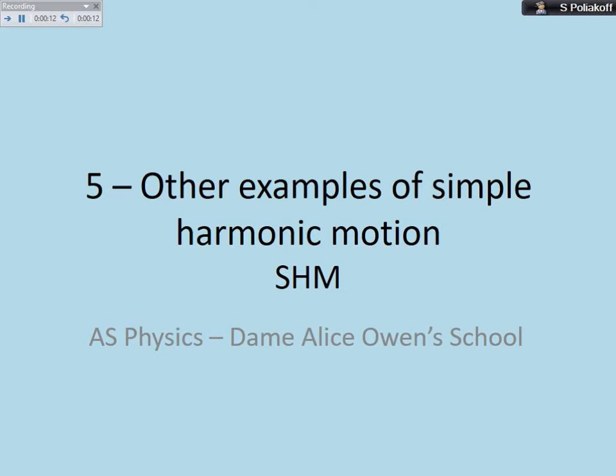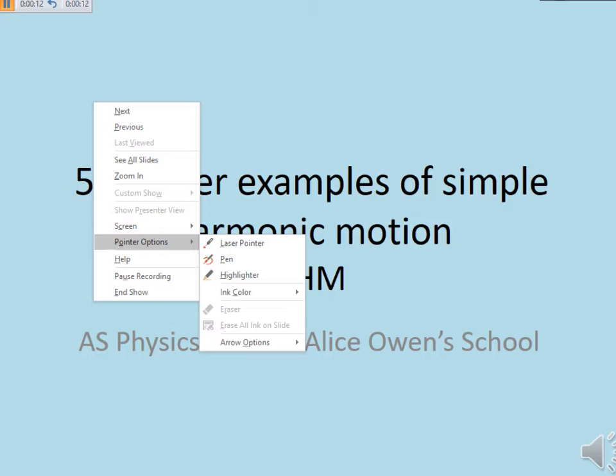At this point, if you just want to record audio, then you can talk away before clicking onto the next slide. But what you might want to do is right click with the mouse button anywhere on the slide that you choose, and then you will get a little pop-up menu, and from the pop-up menu you can choose to have a laser pointer, which will just let you point things a bit like I'm doing at the moment.